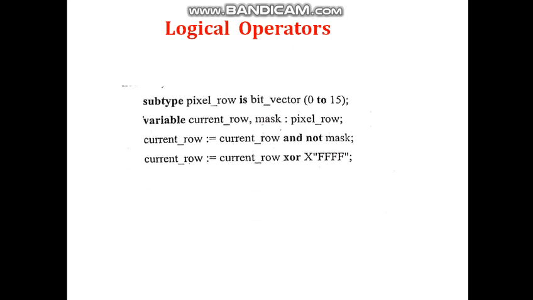So the logical operations include AND, OR, NAND, NOR, XOR, XNOR, and so on. They can be applied to one dimensional arrays of a bit or boolean element. That includes the predefined types bit vector and boolean vector, as well as any array type with a bit or boolean element that we might declare.